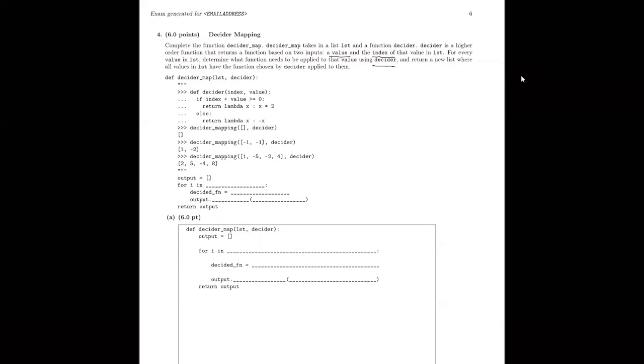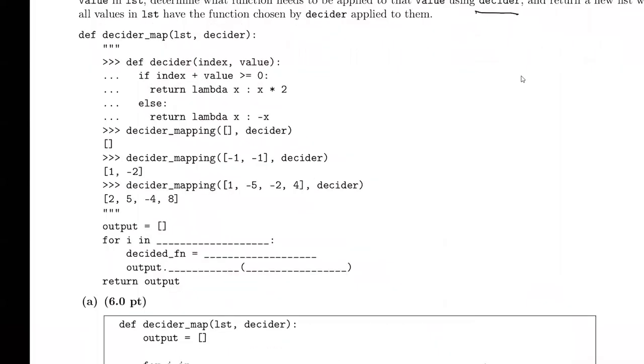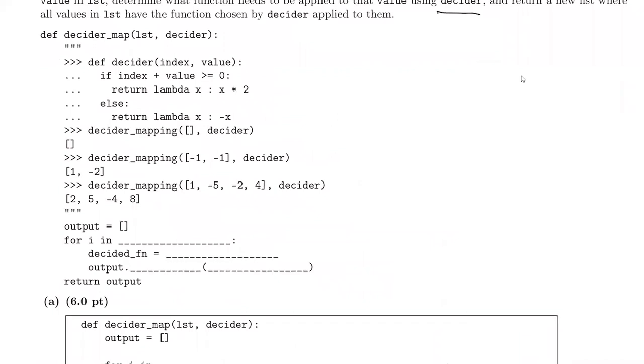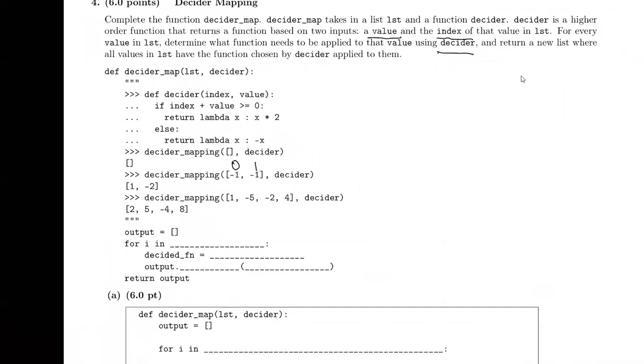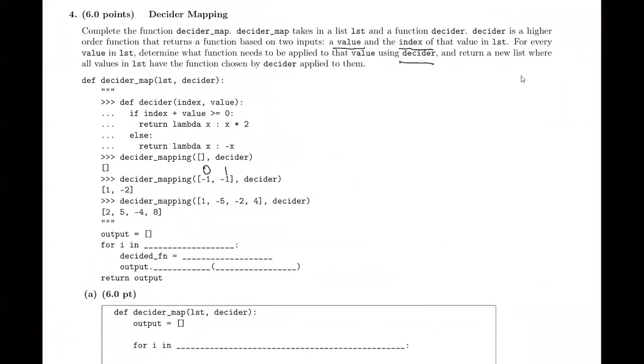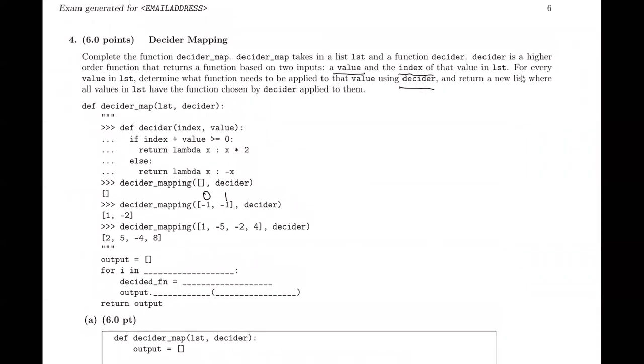Now, looking at the second doctest, we instead have a list of -1 and -1. So our first index for a -1 would be 0, and the second index would be 1. It says that we're going to determine what function needs to be applied to that value by using decider. So let's first plug in this first index value pair, which will be 0 and -1.